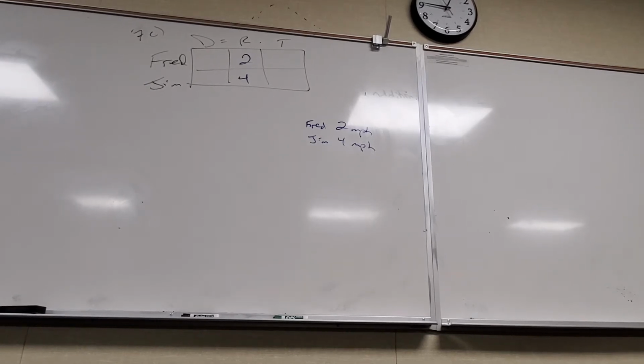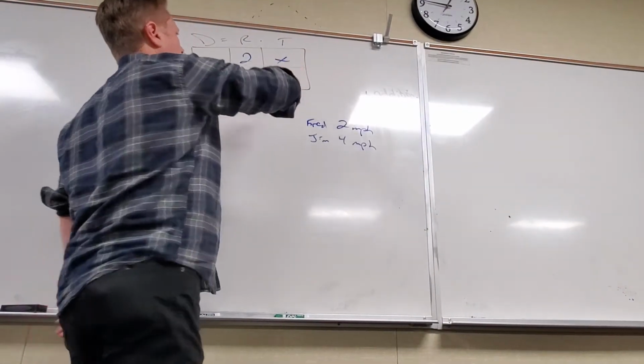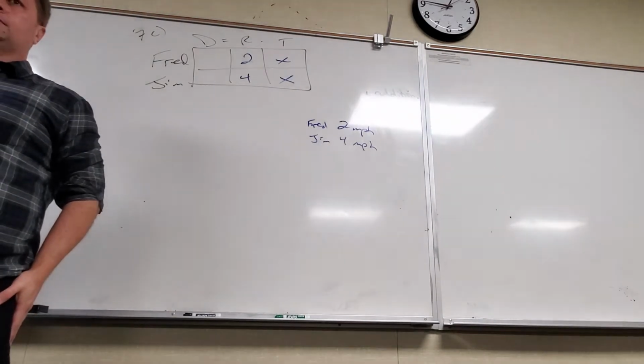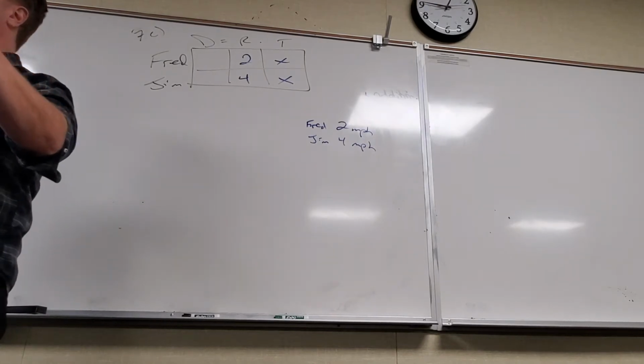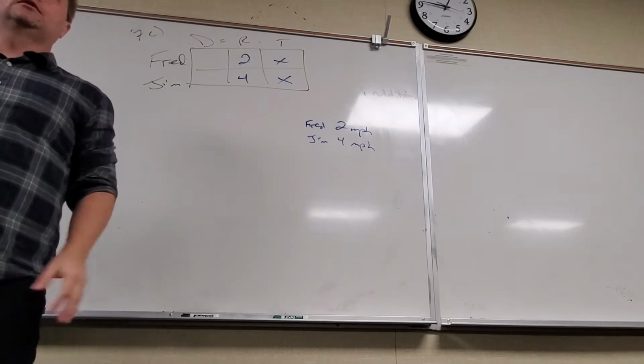This is the one time you're allowed to use the same variable for both, because however long Fred's been traveling, Jim's been traveling for that long too. Does that make sense? A couple of you guys were using x's for every unknown in a problem, and you can't do that unless you know they are the same.